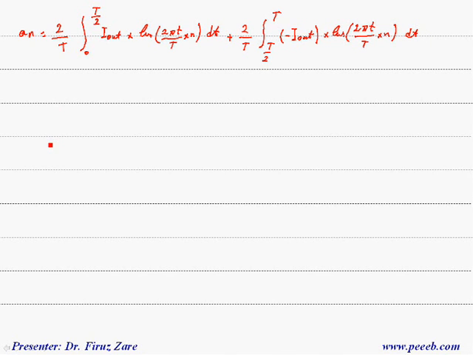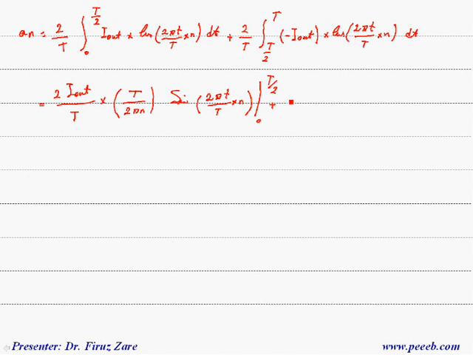So now we can simplify again. That means 2 I out over T times the integral of cosine, which is sine, so T over 2 pi n times sine 2 pi t over T times n, and the limits of integral are between 0 and T over 2, plus the same for the second term, except we have a negative here.